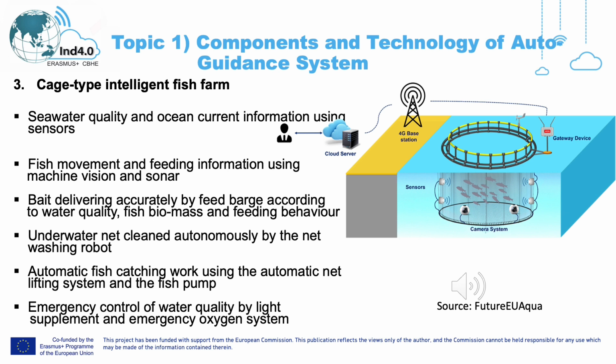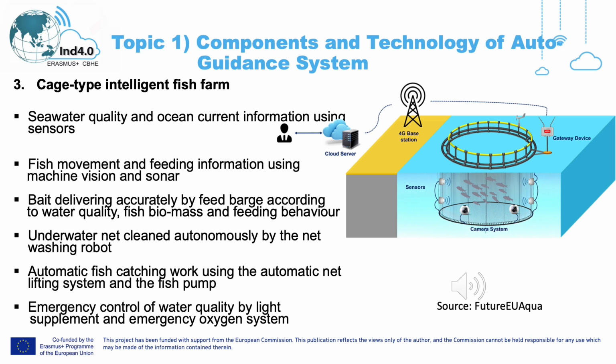In cage-type intelligent fish farm, seawater quality and ocean current information are obtained using sensors, fish movement and feeding information using machine vision and sonar. The feed barge can deliver bait accurately according to water quality, fish biomass, and feeding behavior.